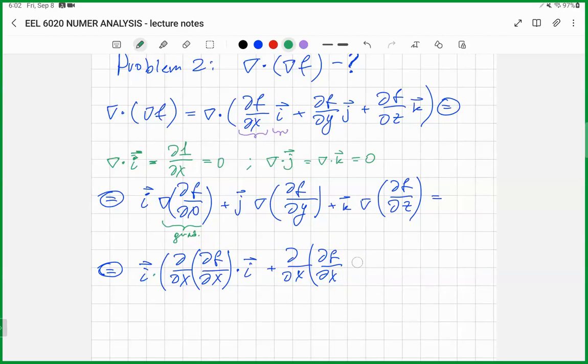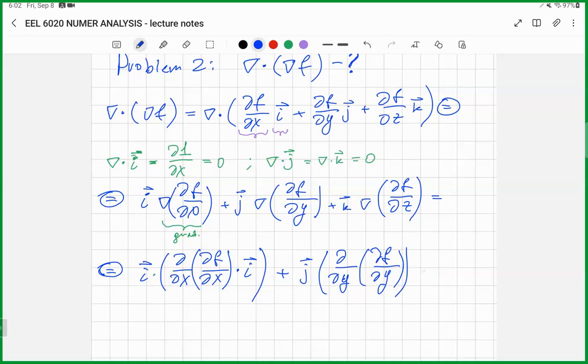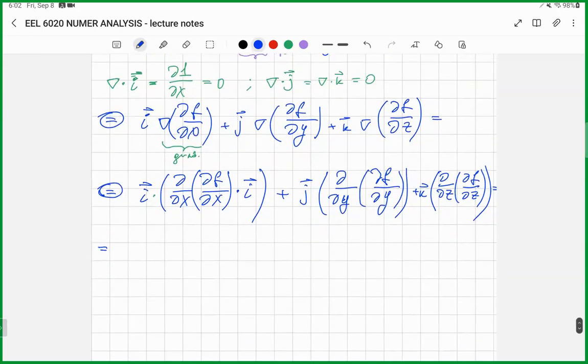So no need to calculate these terms here. The same holds for vectors j and k. For j, we get d over dy of df over dy, and for k, d over dz of df over dz. So i times i gives us scalar 1, and the same for j and k.